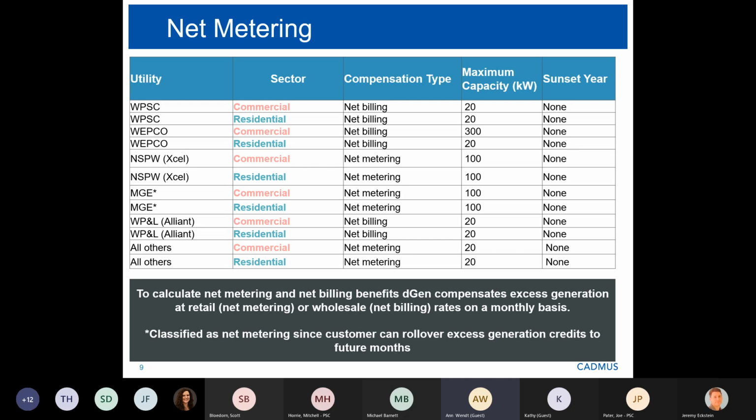We want to make sure that all people that want to have access to rooftop solar could have that access, including putting on a larger size system, and not just have it constrained by the 20 or the 100 or what the other utilities have. Some of that is bracketed in individual tariffs for those utilities, so utilities would then have to go through that process to alter the tariffs.